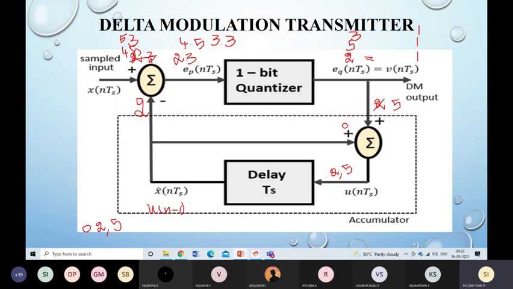Now here it is 3, here you will get 2. The previous value we took as 2. So 2 plus 3, again 5.